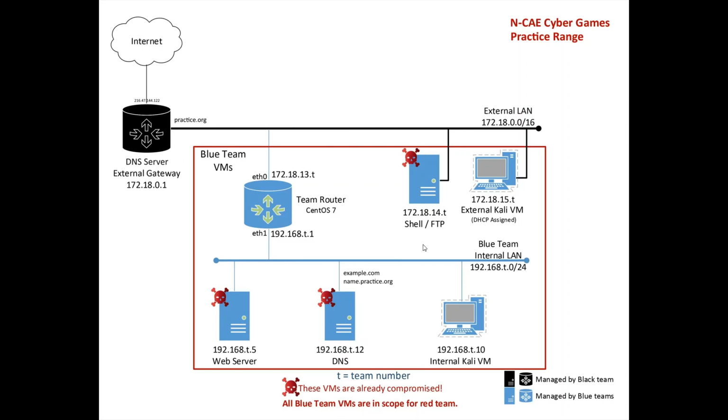However, for practice, I don't want to make my students set up all of the IP addresses themselves, so I will actually assign all of these machines static IP addresses using Cloud Init. However, I will leave the interfaces on the team router unassigned so that students can go in and practice configuring the interfaces on the router.